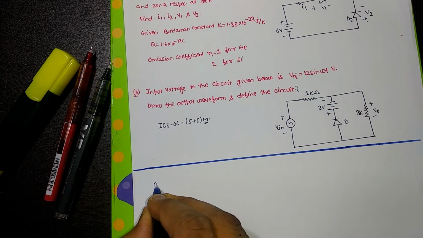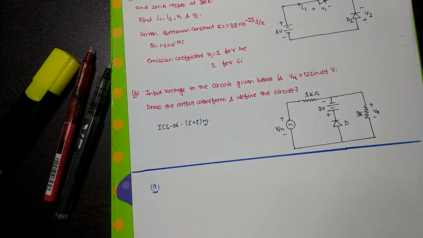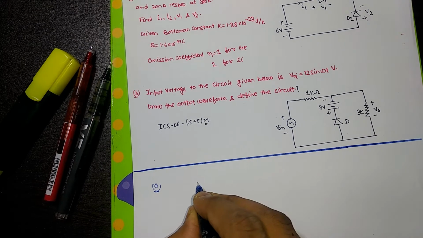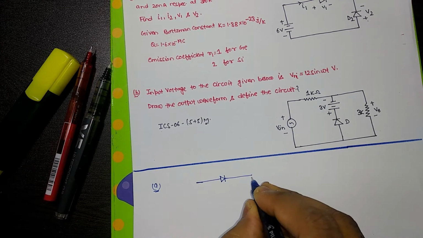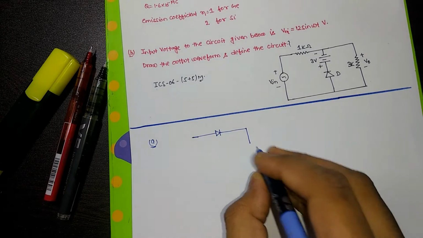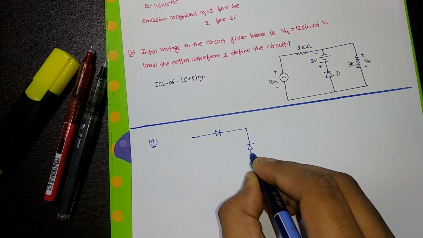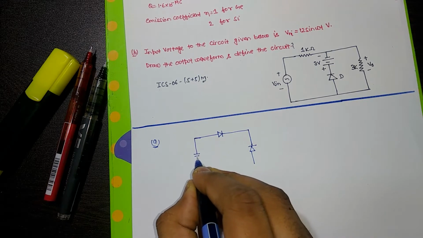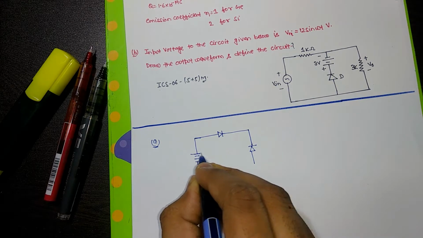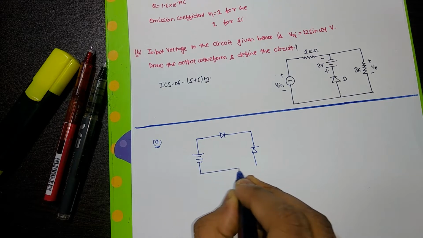So for the first part, let me draw the circuit again. D1 is connected like this, D2 is connected like this, and a battery of 6 volt is connected like this.